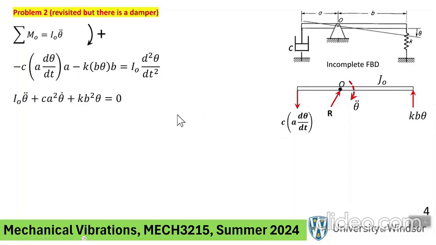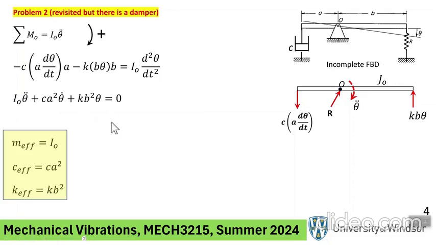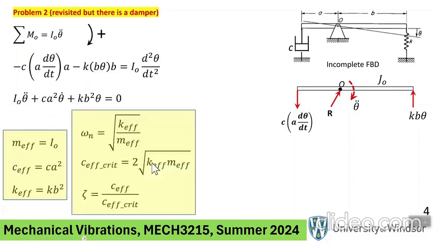Now, if you clean it up, you're going to get the mother of all equations here. As I said, some of you may prefer to write this thing as J_O, but I'm using I_O. Basically, this is the effective mass, this is the effective stiffness, and this is the effective damping coefficient. So we can use all our formulas. Natural frequency is square root of K over M, of course, K effective over M effective.